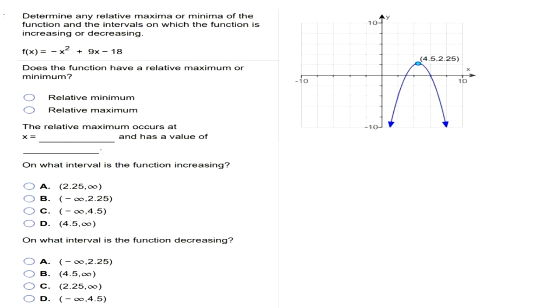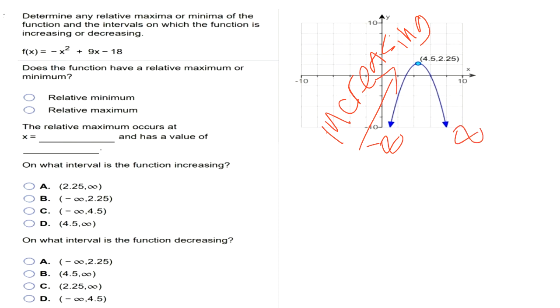So remember, I have to move from left to right. So if I'm starting on the left side and I'm going up, this is increasing. And this is negative infinity. It's not a point, it's an arrow, so it's continuous. So that's your negative infinity. And this is your positive infinity right there.